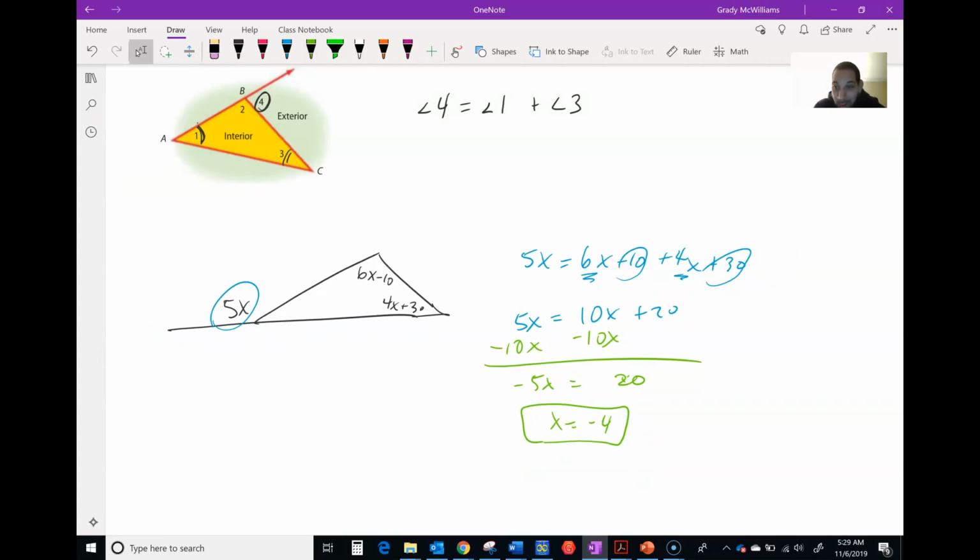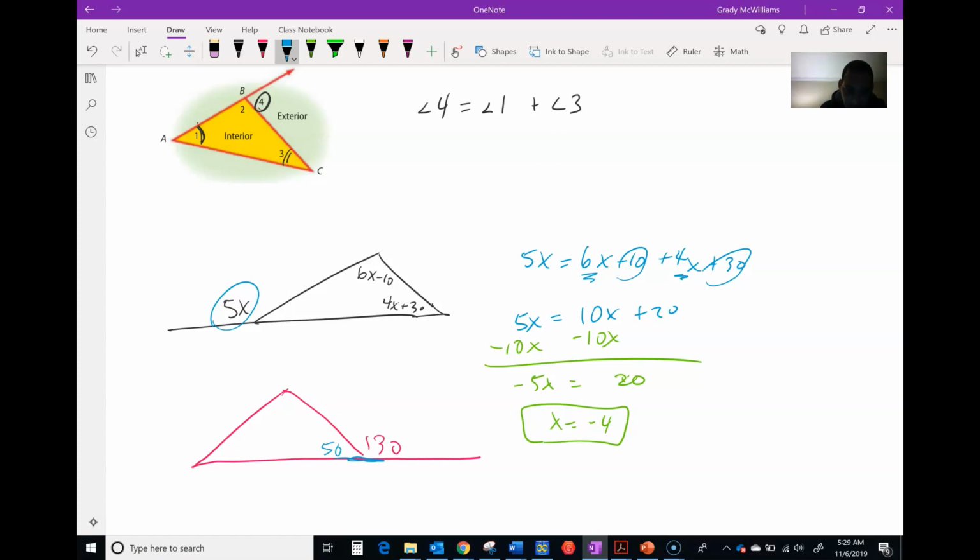Okay, so now you've got enough information, I believe, so that you can do the work on your assignment. Let's quickly talk about why this is. If you imagine this is like 130 degrees, and that would mean that this angle next to it, because it's a linear pair, would have to be 50 degrees. Okay, and we know that all the angles inside of a triangle have to add up to 180.